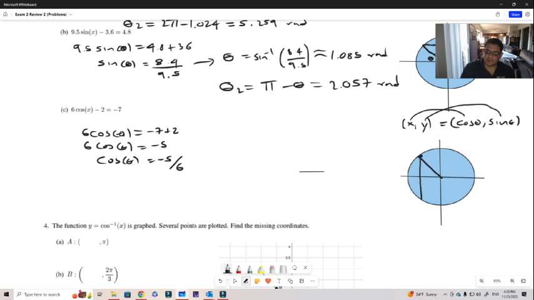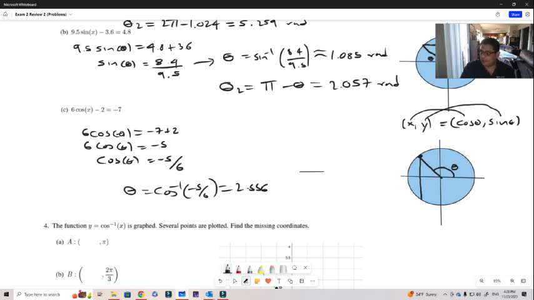It's going to be this one here, and it's going to be given by this. So this is my theta angle. So when I do theta equals cosine to the minus 1 of minus 5 over 6, I'm actually getting this big value. Okay, and so that's going to be 2.556.